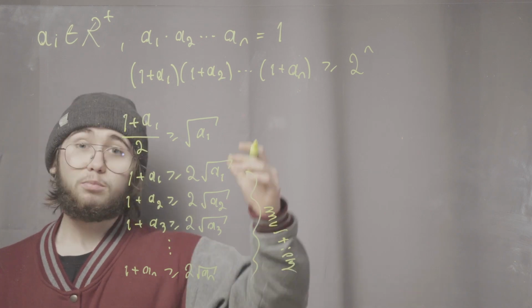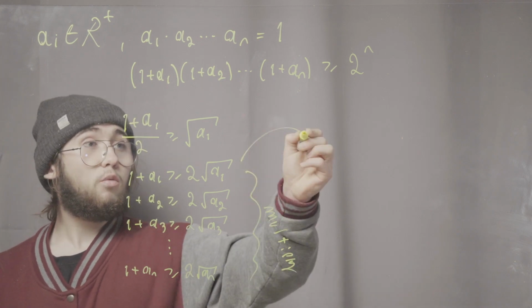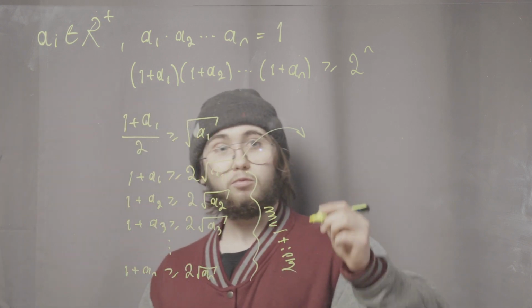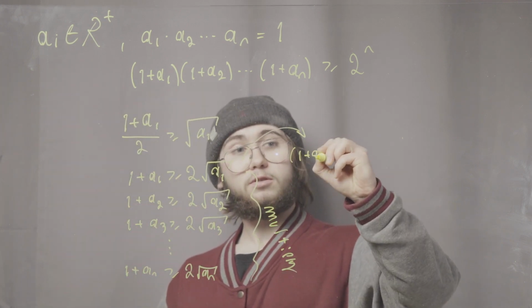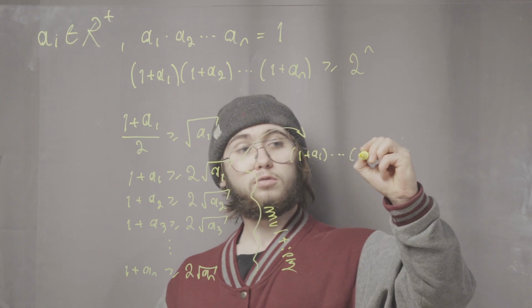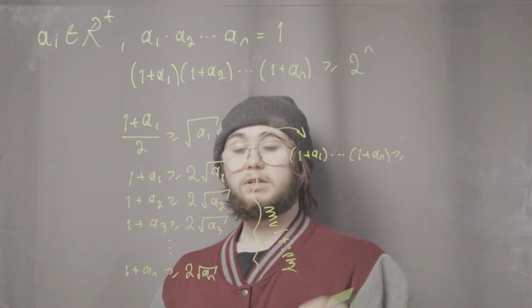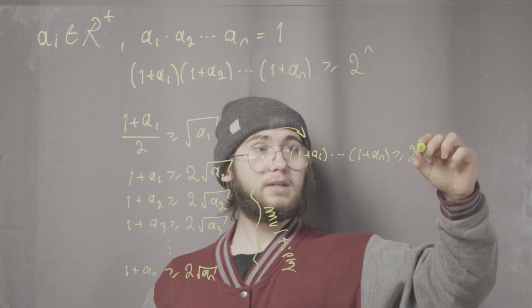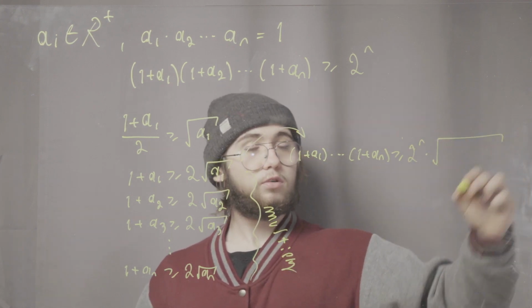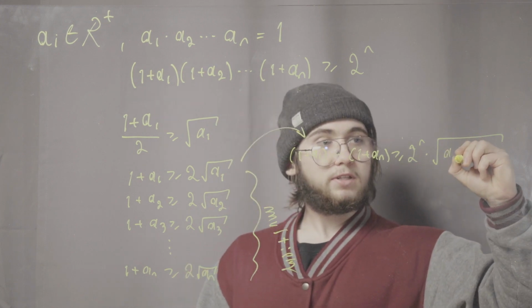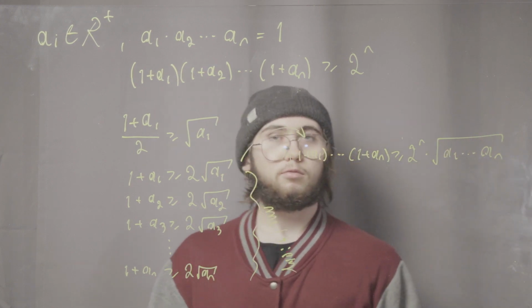I'm going to just multiply everything out together, and so what we will be left with is exactly the product we're trying to prove is greater than or equal to 2 to the power of n. And on the right hand side we'll have 2 to the power of n times the square root of the product of those numbers, but what's the product of those numbers?